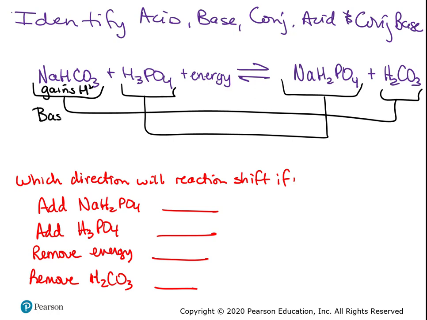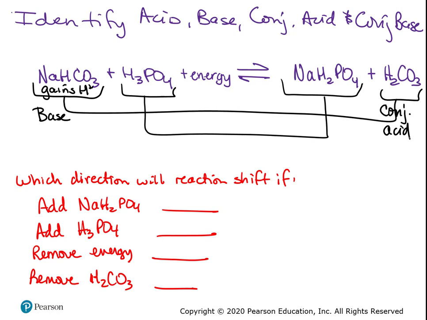It makes it a base. That means that H2CO3 is the conjugate acid, right? So remember that the base on the left will form the conjugate acid on the right.